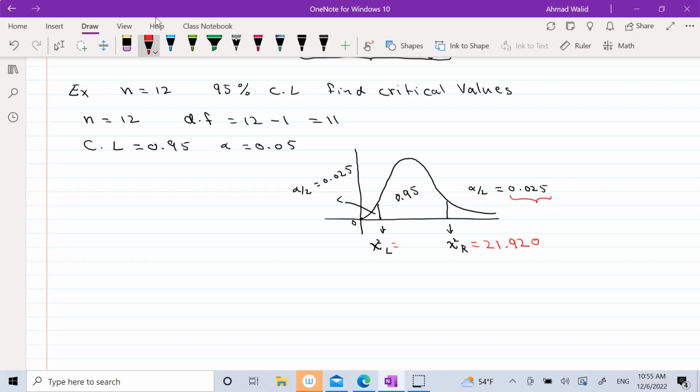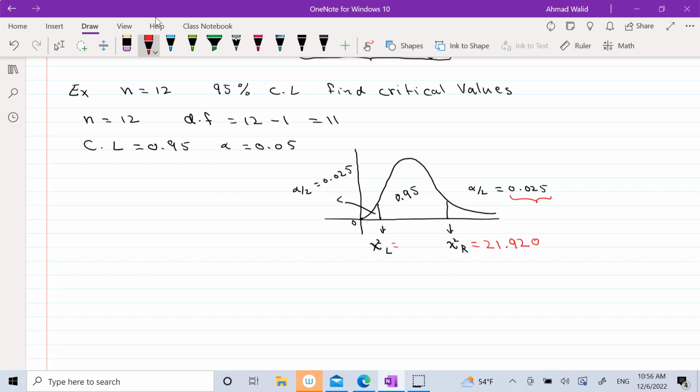If your left side is 0.025, to find the right-side area, because I told you chi-square is giving you the area to the right, not to the left, if you use 0.025 again, it means you don't have any variance. Correct? It means you don't have any standard deviation. Your standard deviation becomes 0.